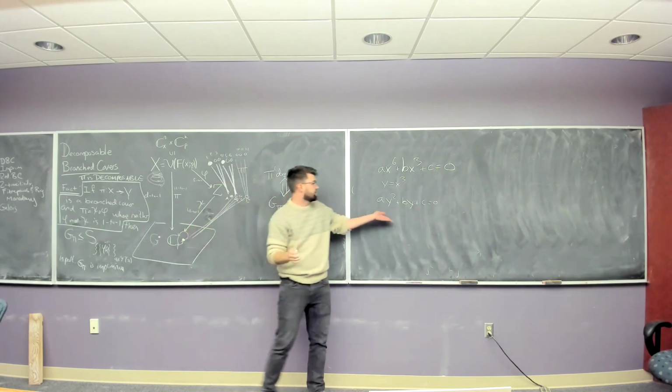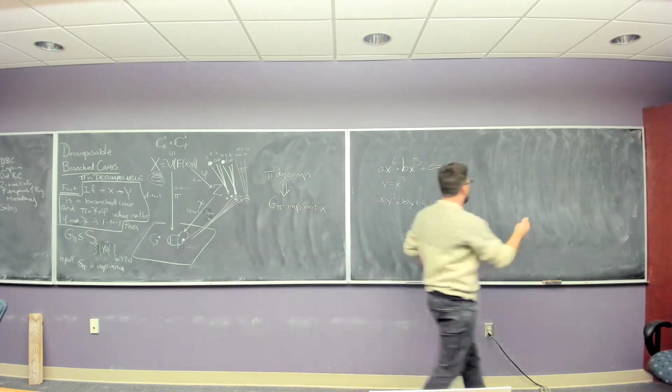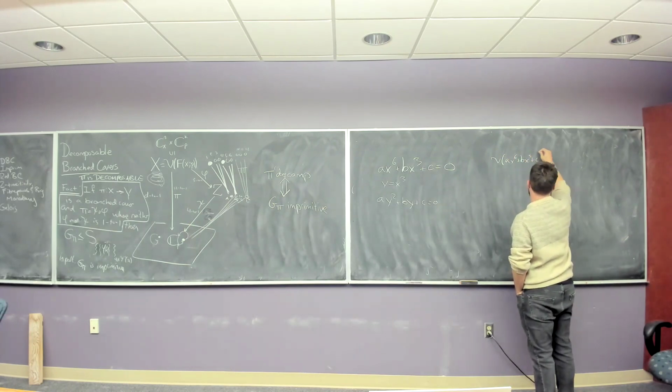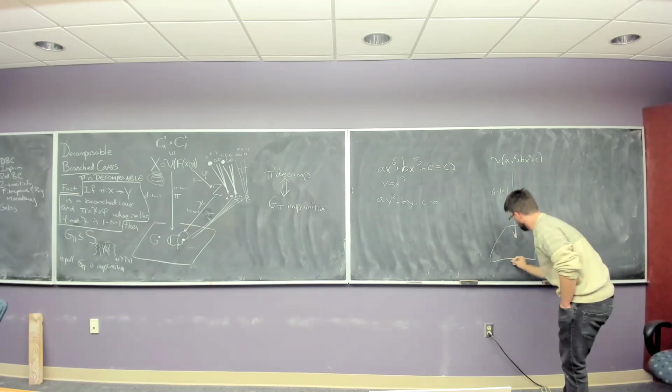Sorry, you don't do back substitution, you just take cube roots. So what does that mean? Well, we have x to the 6, plus 8x cubed, plus c. This is a 6-to-1 map, because of the fundamental theorem of algebra.